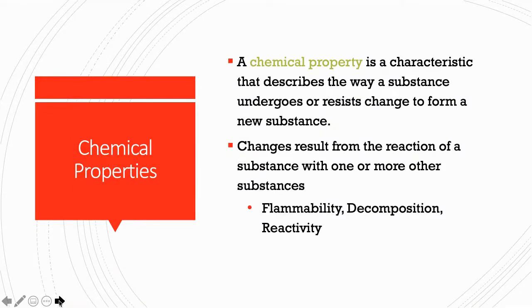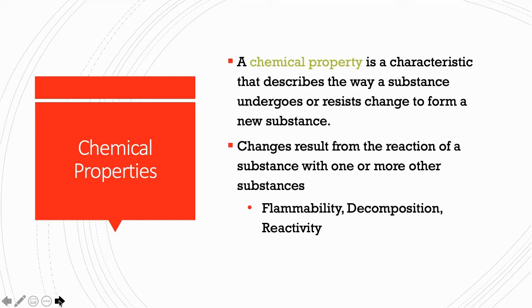So a chemical property is a characteristic, again, that we use to describe a substance. But this has to do with whether or not it will undergo a change to form a new substance. Remember, with physical property, we were saying the identity of the substance did not change, it stays the same.